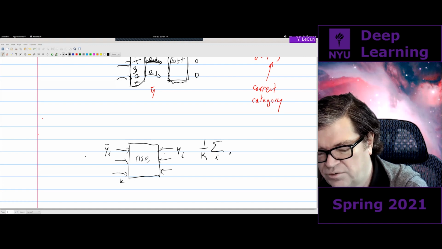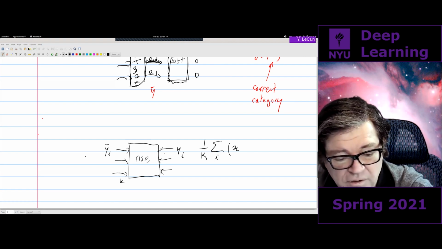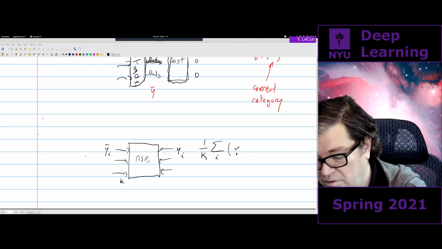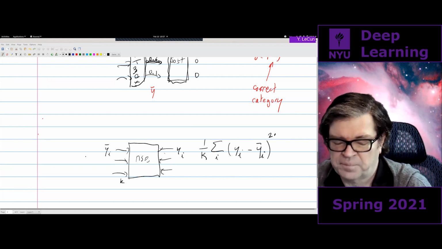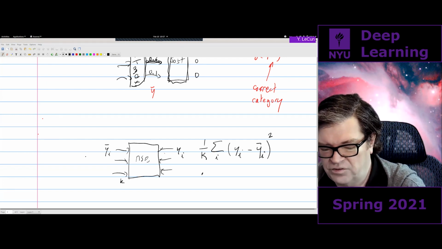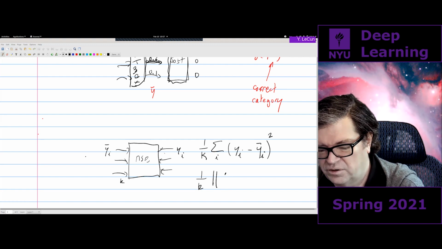Sum over i of yi minus yi bar, which is the output of the network, squared. Or you can just write this as 1 over k times the squared norm of y minus y bar.